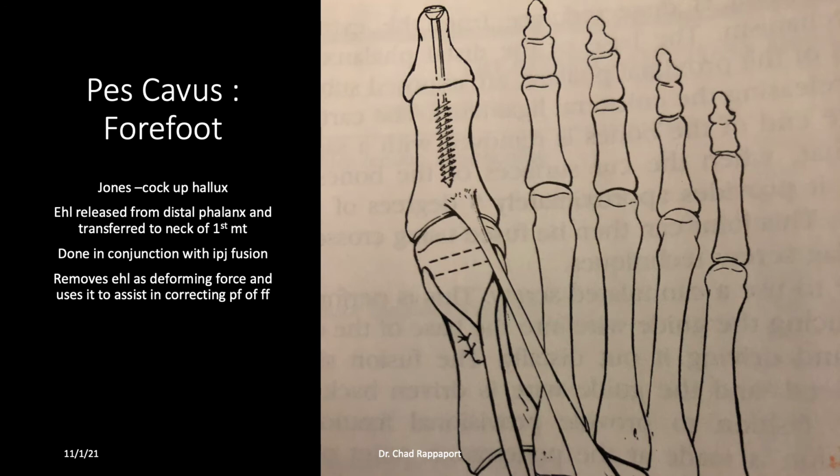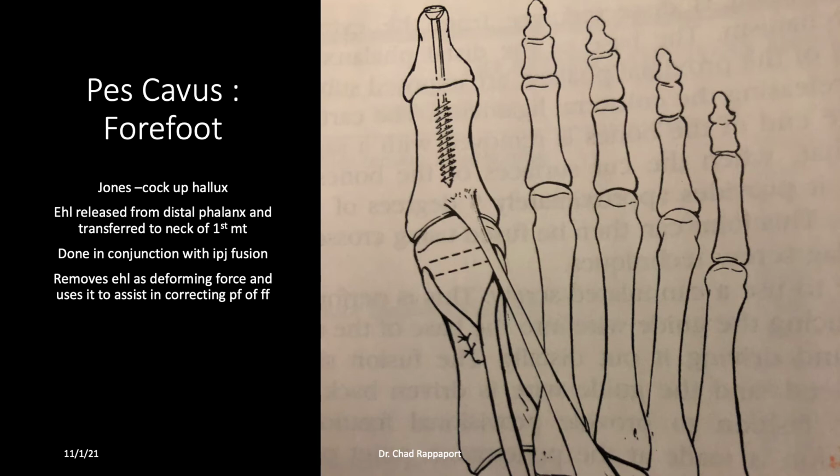As I stated initially, the specific treatments for Pes Cavus are going to be included in a subsequent presentation, but we will quickly touch on some of the more salient procedures in each region of the foot, starting with the forefoot. The Jones procedure is a common procedure done for a cocked up hallux.